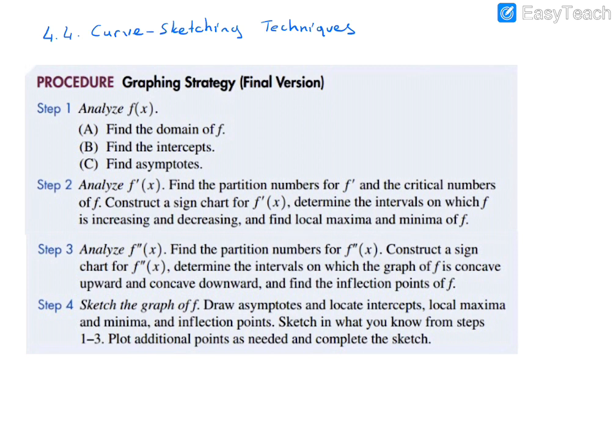Polynomial functions don't have any asymptotes. Asymptotes of rational functions were discussed in section 2 of chapter 2. But what about all the other functions, such as logarithmic and exponential functions?